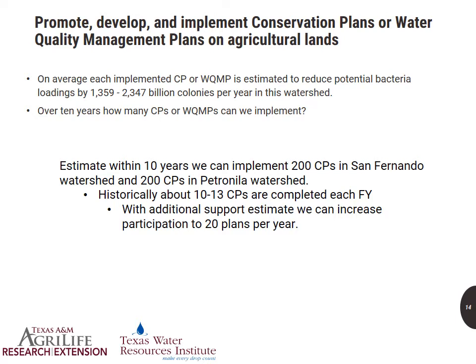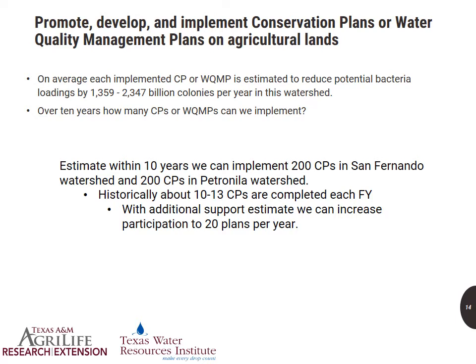So I'm going to present what we talked about at our specific work groups on what would be manageable goals for us and then the potential loadings we can expect to see. So for the first one, developing conservation plans or water quality management plans with landowners, a lot of these watershed protection plans, we look on a 10-year time scale.